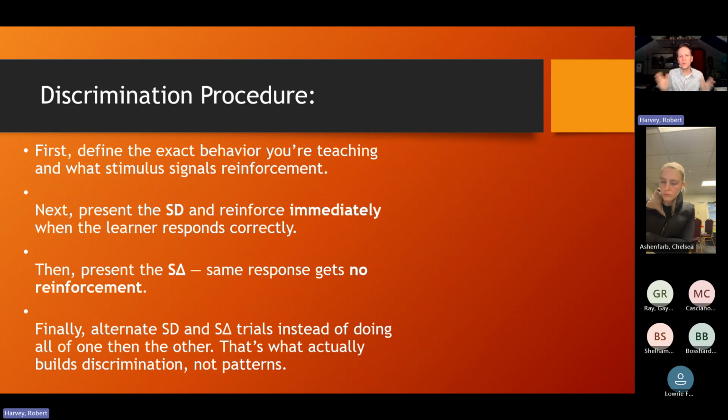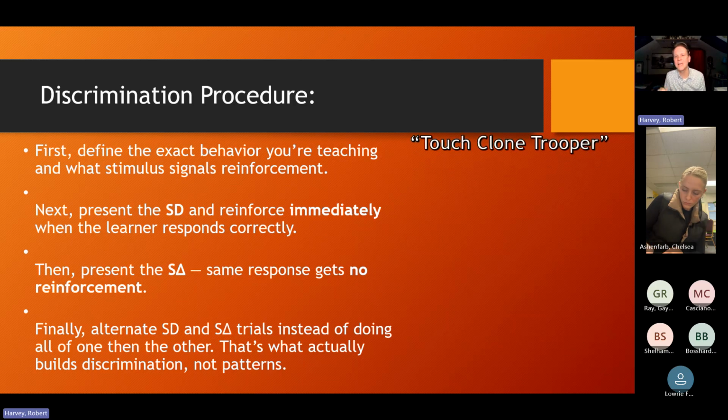All right. So what's our general procedure before we look at it more specifically through examples? The first thing we need to do is define what behavior we're looking for. What's our target behavior that we're teaching so that they're discriminating, and what stimulus signals reinforcement. So we're going to say touch clone trooper. That's the exact behavior we're going for, them touching the clone trooper.